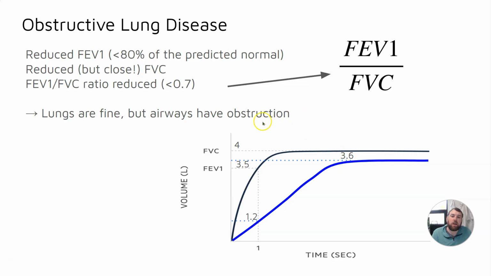But notice if I compare these two values using a ratio of FEV1 divided by FVC, if I use the 1.2 and the 3.6, and I divide them out, then I should, if I'm healthy, get a value above 0.7, and clearly 1.2 divided by 3.6 is nowhere near 0.7. So this person is not functioning because they cannot get the air through their airways. The lungs are totally fine, but the airways are the problem.